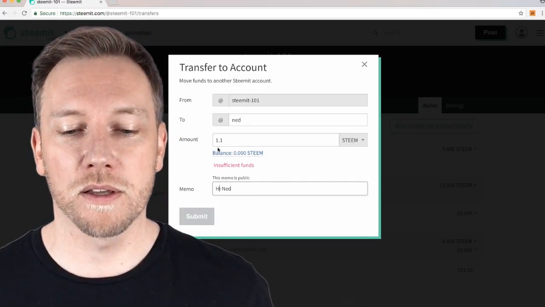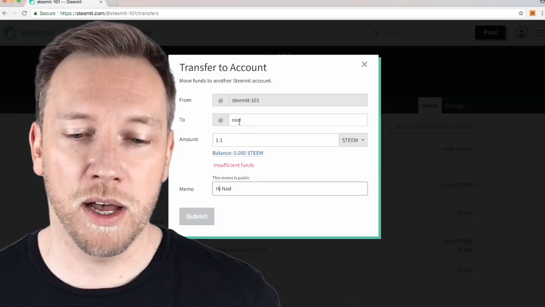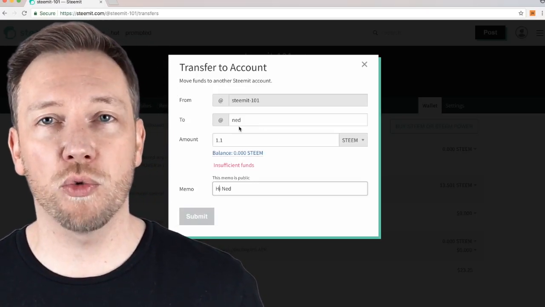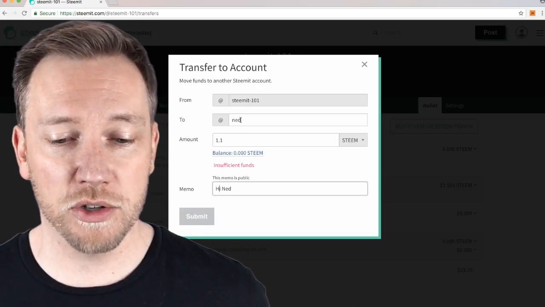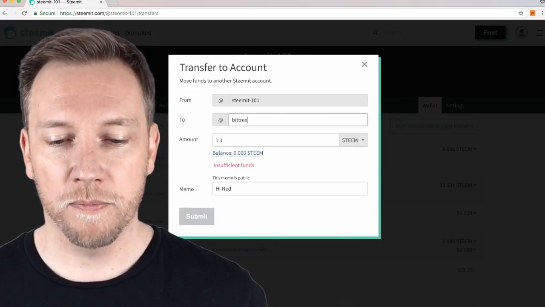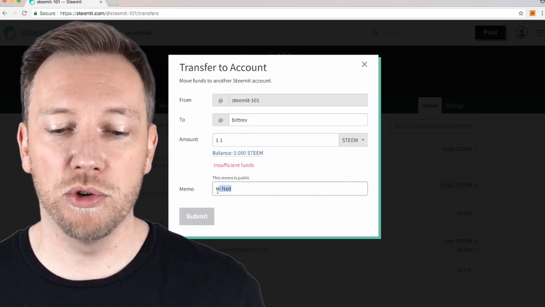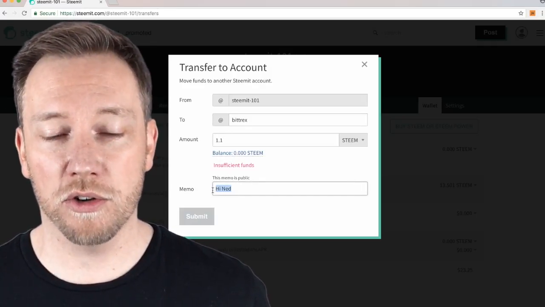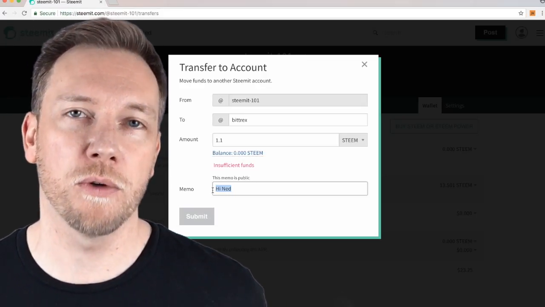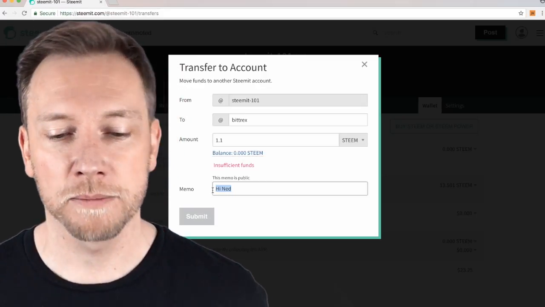But this is where you could send Steem or Steem dollars to anybody on Steemit. This is also where you would send money to an exchange like Bittrex. You would just type in Bittrex there, and you would have to make sure that the memo here would need to be the memo that Bittrex gives you to know that it's funds coming from you, right?